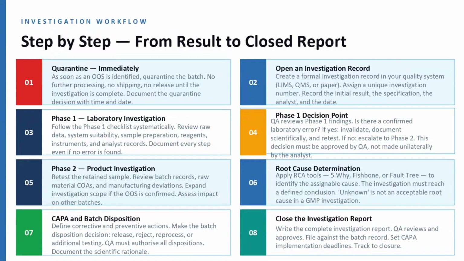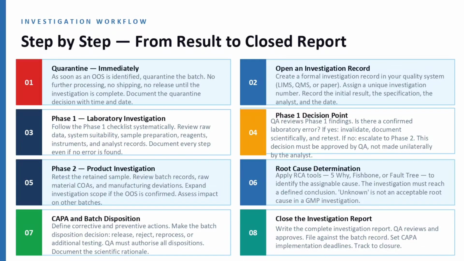The investigation must reach a defined conclusion. The root cause of unknown with no further explanation is not acceptable in a GMP investigation. If the root cause genuinely cannot be determined after a thorough investigation, that must be stated explicitly with documentation of every avenue explored. Step 7.